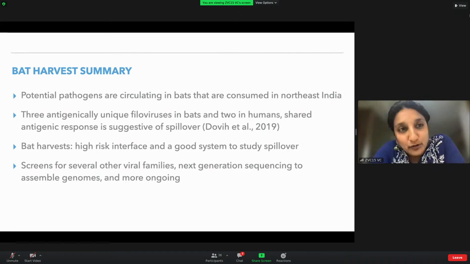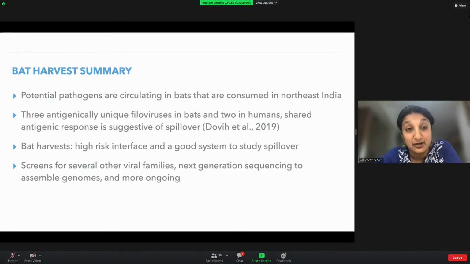I'm not going to show you all the results because this is a mini symposium, but what we have found so far, and this project is still ongoing, we've had some hiccups and had to stop for a while, is that there are potential pathogens circulating in the bats which are consumed by people in northeastern India.